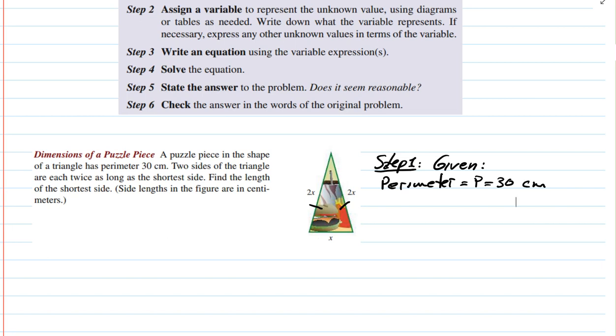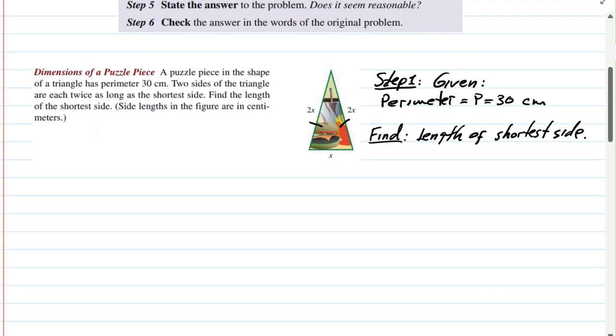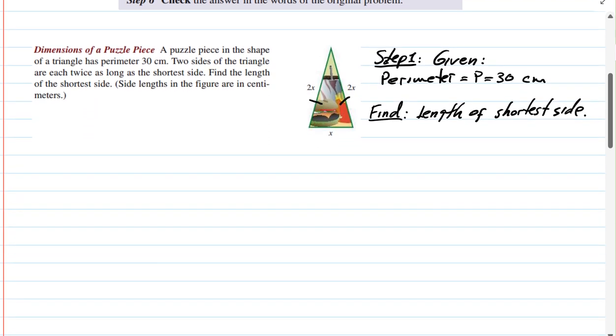And what is it we want to find? We want to find the length of the shortest side. So that's what we want to do. Now, going beyond step 1, we come to step 2. Step 2 is when you declare the variable.